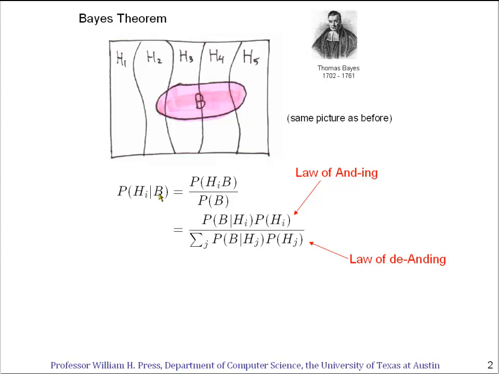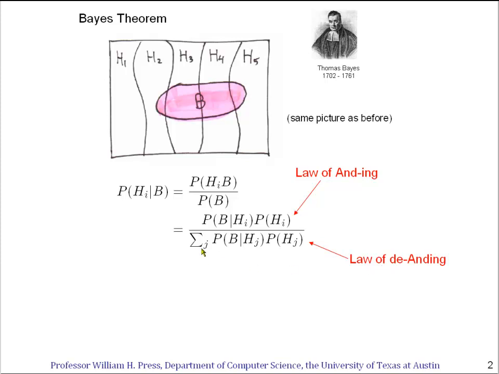Now, basically we get to apply our two laws from the previous segment. The law of anding to the numerator, so the probability of Hi and B, but now we do it this way around. It's the probability of B given Hi times the probability of Hi. And then in the denominator, let's apply the law of de-anding and break that probability up into its pieces in the different H's.